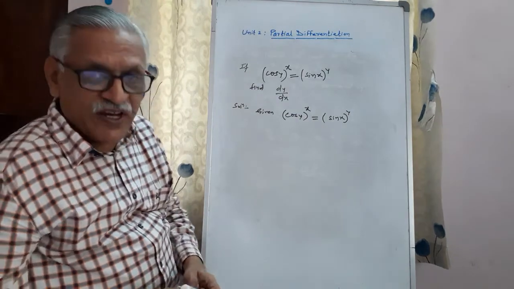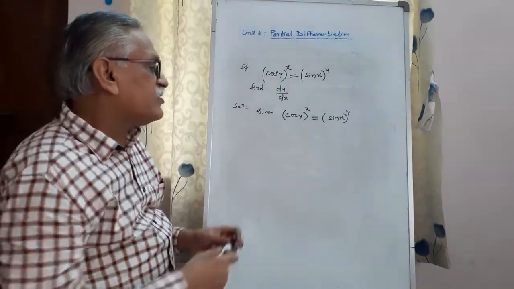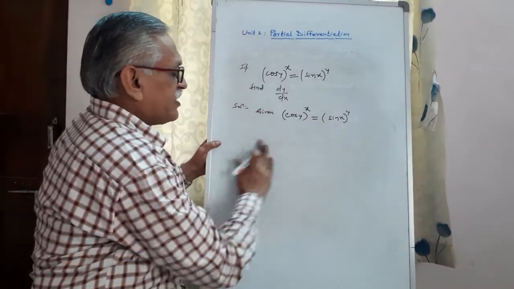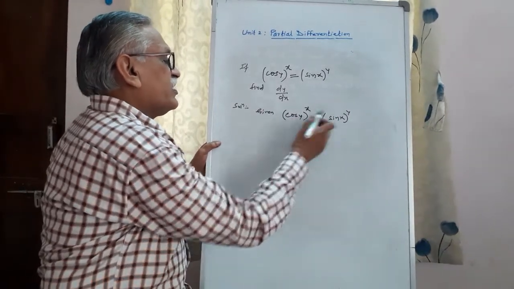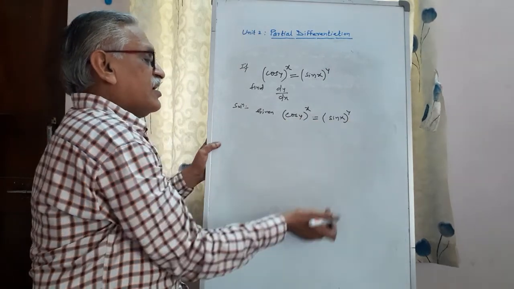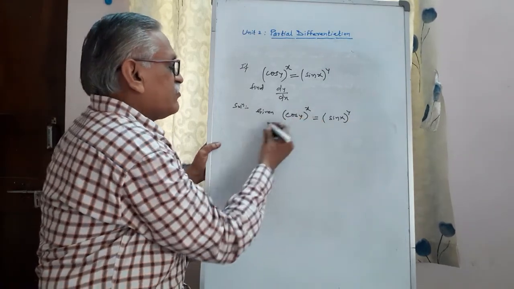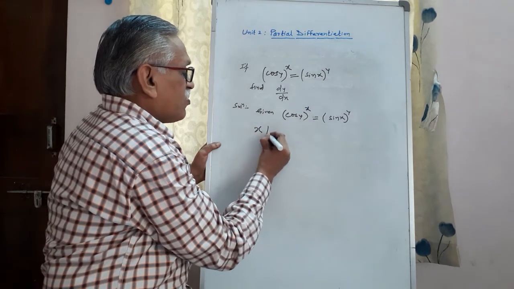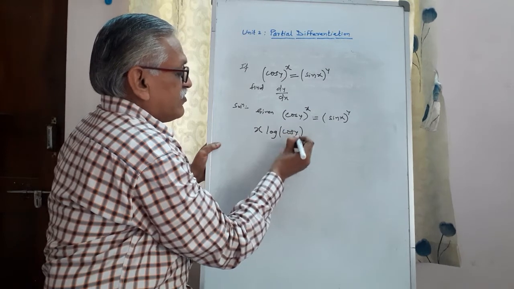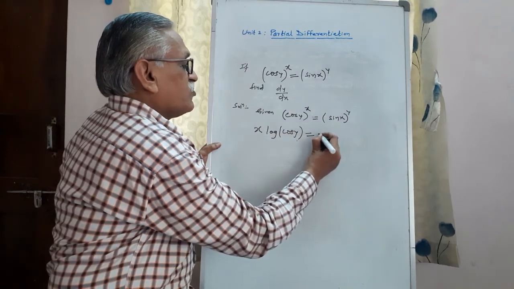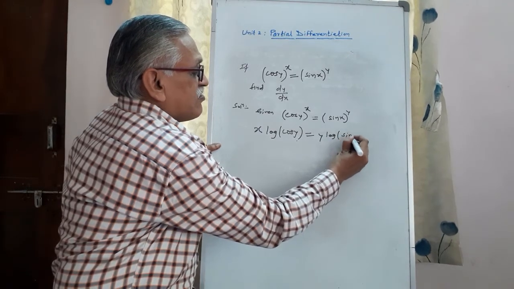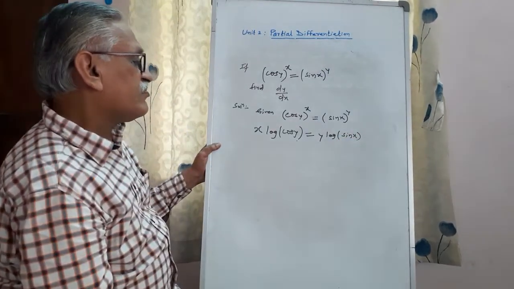Here on both sides we have power term, and whenever power term is there, we can take log on both sides. If you take log on both sides, log of this is equals to log of this. Then applying laws of logarithm, we get x into log of cos y, and that is equals to y into log of sin x.